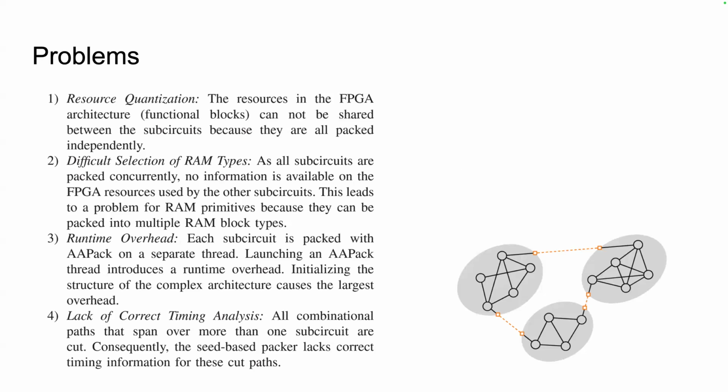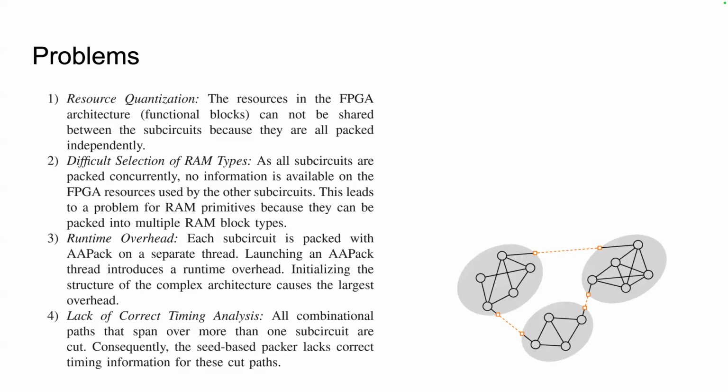Another problem is difficult selection of RAM types. All subcircuits are packed concurrently, so no information is available on the FPGA resources used by other subcircuits. This leads to a problem for RAM primitives because they can be packed into multiple RAM blocks. The specific example they give is for the Titan architecture, where you have the 9 kilobyte RAM and the 144 kilobyte RAM. What they do is they just run 10 VPR processes, one for each of their 10 subcircuits.